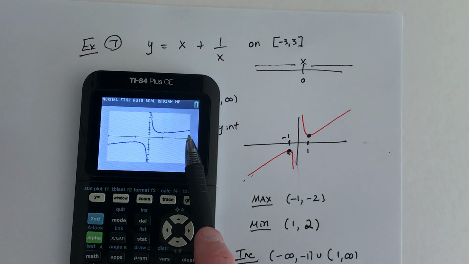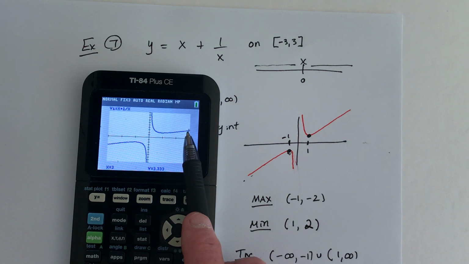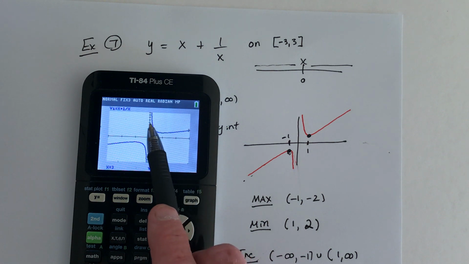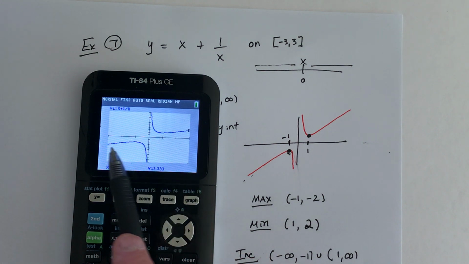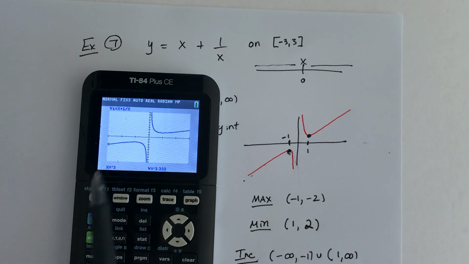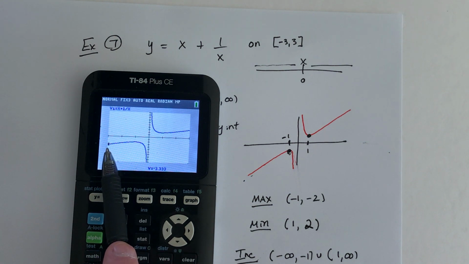And then you do need to test these points at the end. So if I trace and I put a 3, sometimes this point right here would be the tallest point or perhaps the shortest point of the whole graph. But this one goes taller up here and it actually goes lower over here. So this is neither a minimum nor a maximum. And if you also check the negative 3, there's places where it's taller, so that's not the maximum, and there's places where it goes lower, so that's not the minimum.